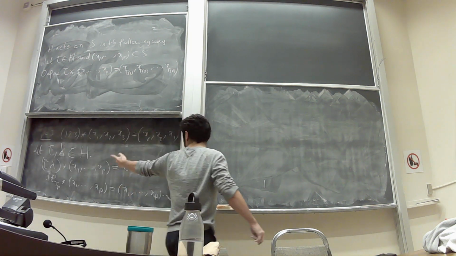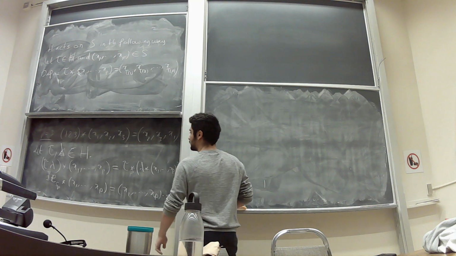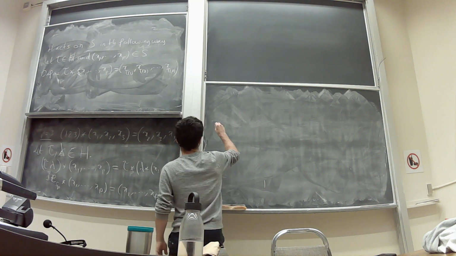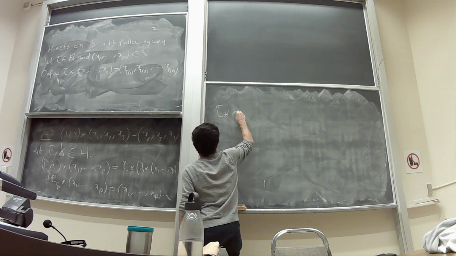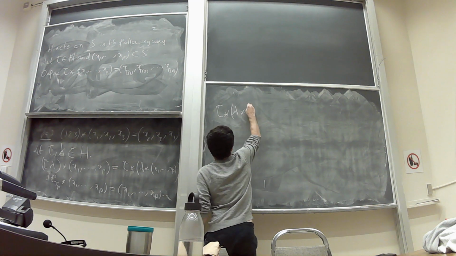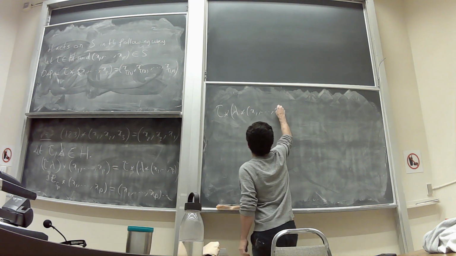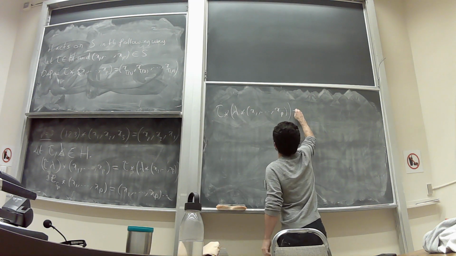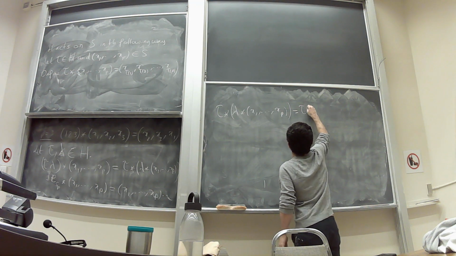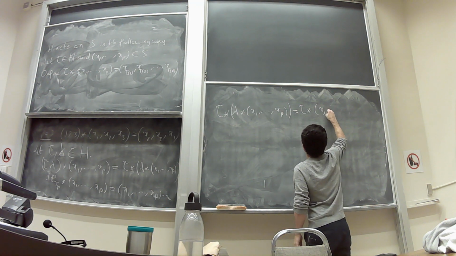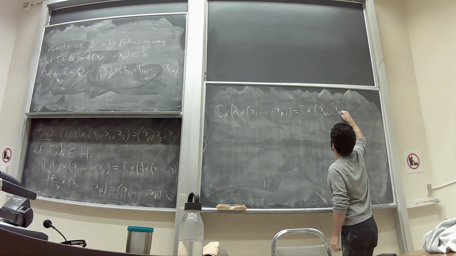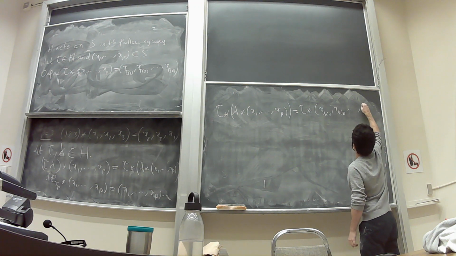So this is obvious, I guess, right? Okay. Now let's prove this. This is not bad. So what is tau star (lambda star (x1, ..., xp))? This is just tau star (x_lambda(1), x_lambda(2), ..., x_lambda(p)).